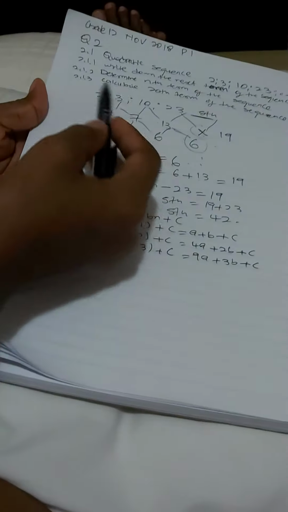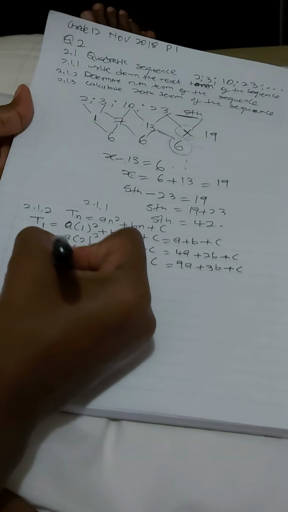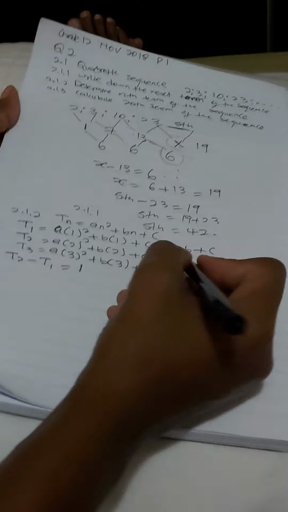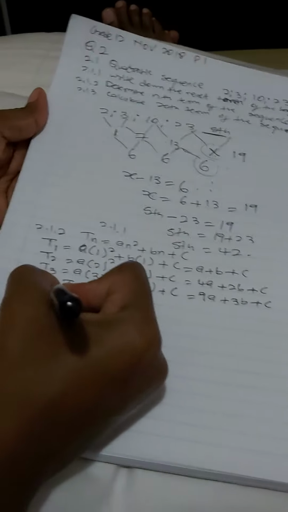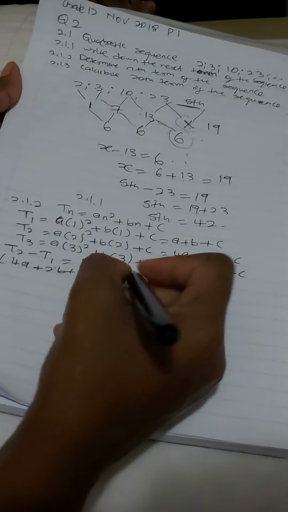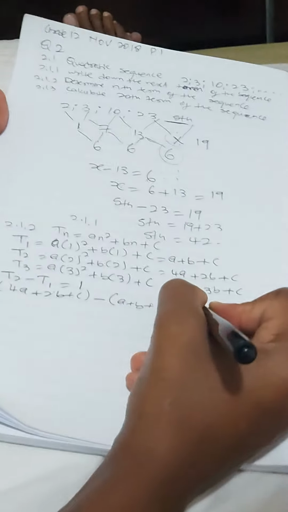We know the difference between these terms. So we know that term 2 minus term 1 is equal to 1. So term 2 is 4a plus 2b plus c, minus term 1, which is a plus b plus c, giving us 1.